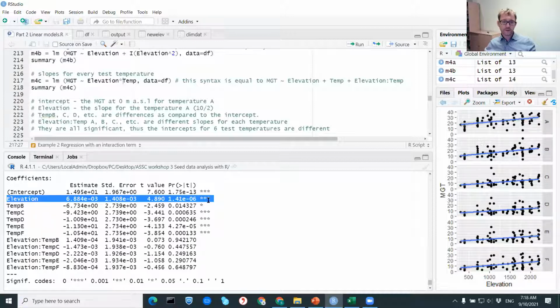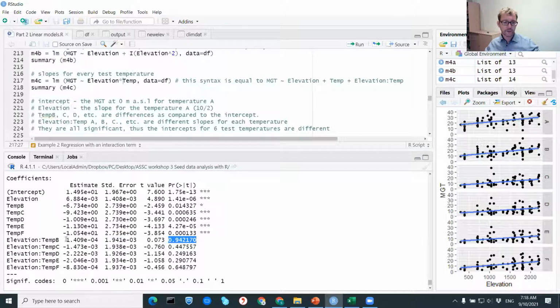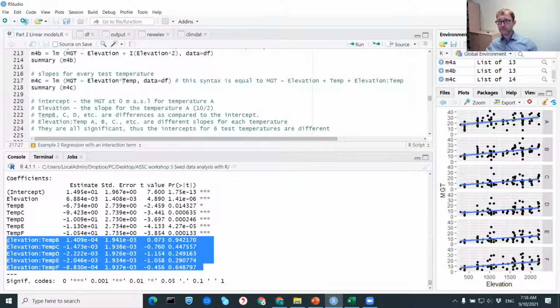And you can see that for the slopes for all those temperatures, we compare the slope for the temperature B to the slope of the temperature A. You can see that it's not significant, meaning that the relationship between elevation and mean germination time is the same at every test temperature, right?